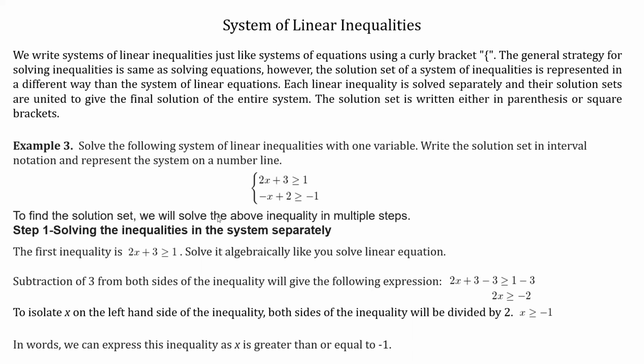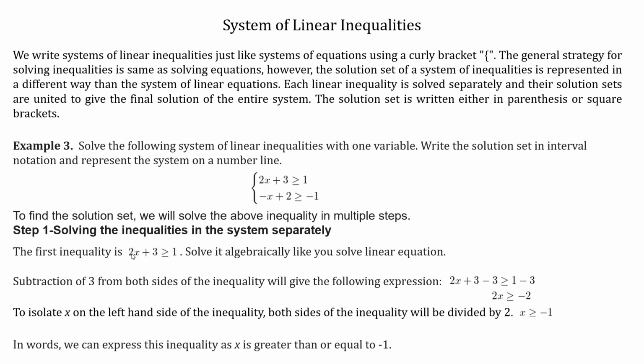To find the solution of this system, we solve it step by step, solving the inequalities in the system separately. So start with the first inequality. It is 2x plus 3 is greater than or equal to 1.